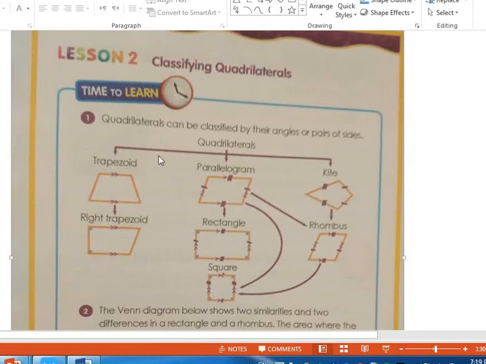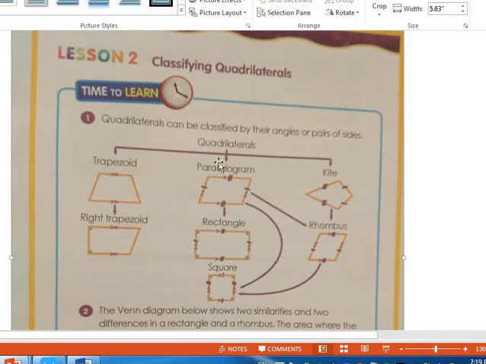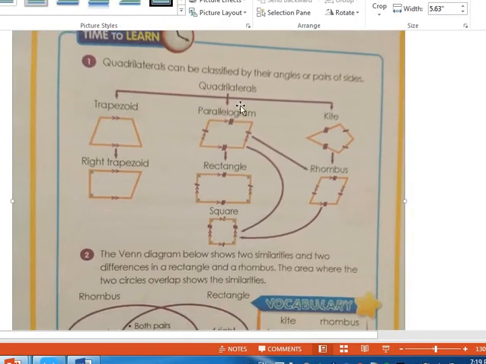Let's go. Quadrilaterals can be classified by their angles or pairs of sides. Okay, we have here quadrilaterals. Do you know the meaning of quadrilaterals? Yeah, it's the polygon that consists of 4 sides. I have here, this is called what? Trapezoid.